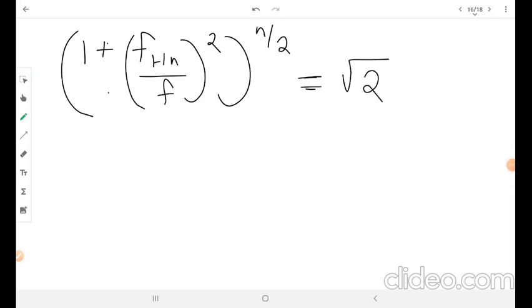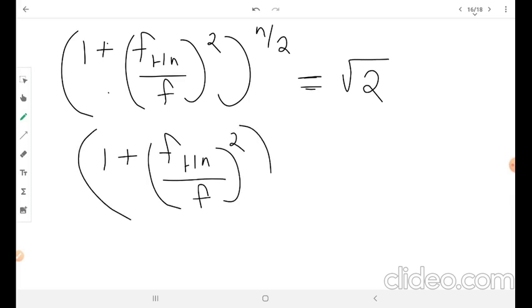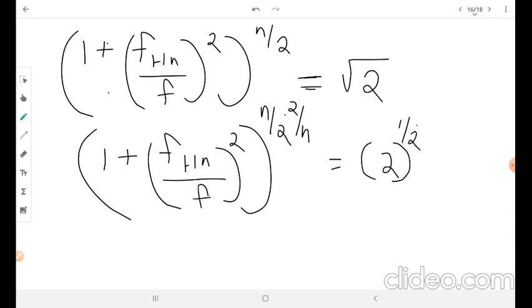Then here also we are doing the same thing: 1 plus FHN by FH all square, all raised to n by 2. Here I multiply with the power 2 by n, and root 2 we can write as 2 raised to 1 by 2. Here also we have to multiply with this 2 by n.